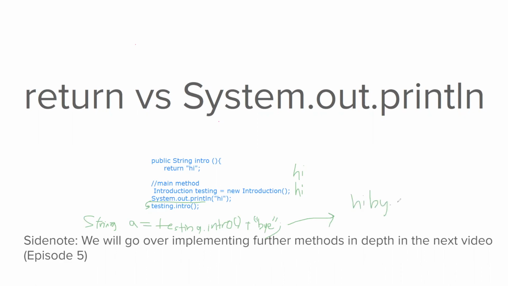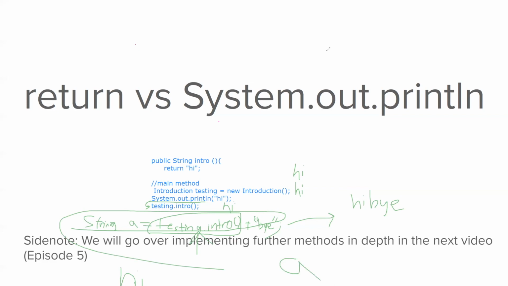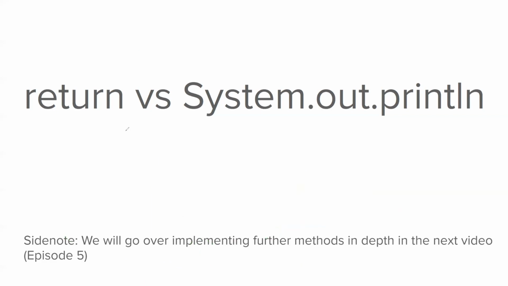It would be hi bye because testing.intro here would return hi, and then hi plus bye is hi bye. But if I put here system.out.println hi, that doesn't work. You're printing out hi to the reader, but A is not being printed out. So that's why system.out.println and return have very different meanings, and you have to be very careful.